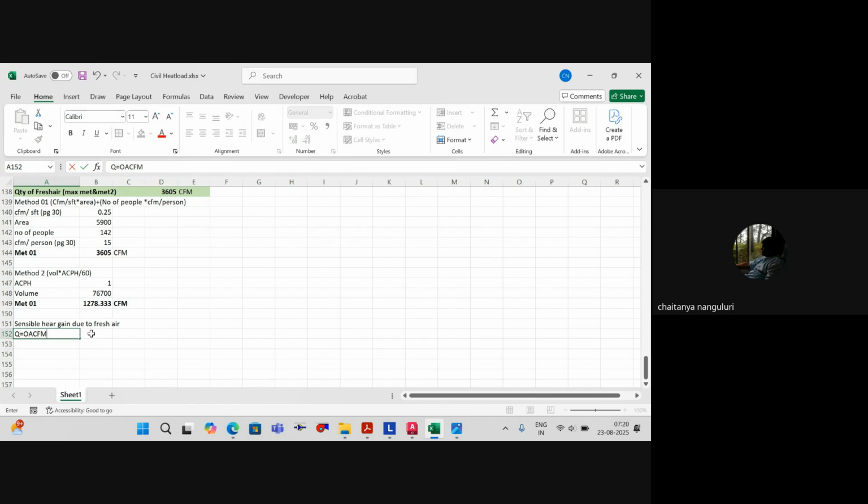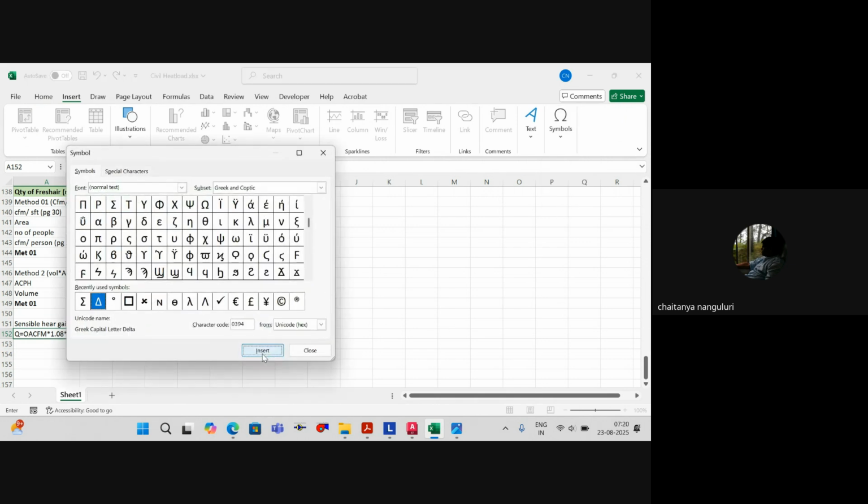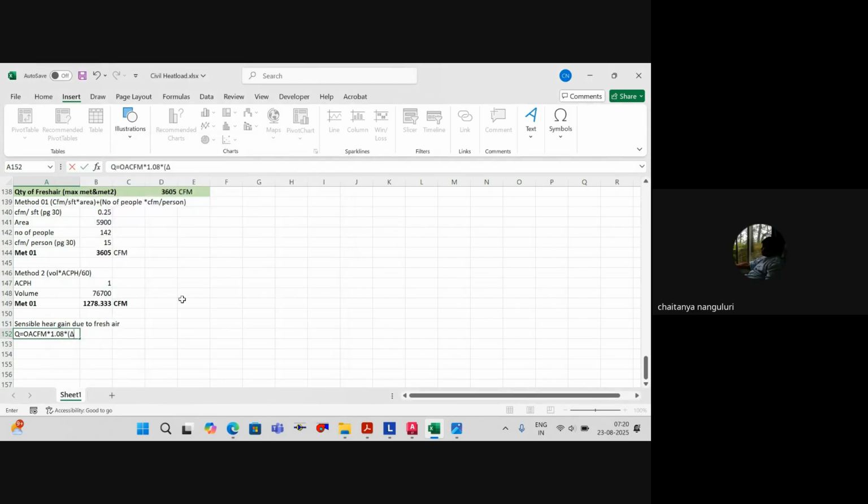Outside air CFM that I mean to say into 1.08 into delta T. Insert symbol, delta T. Q is equal to OA CFM into 1.08 into delta T into bypass factor.